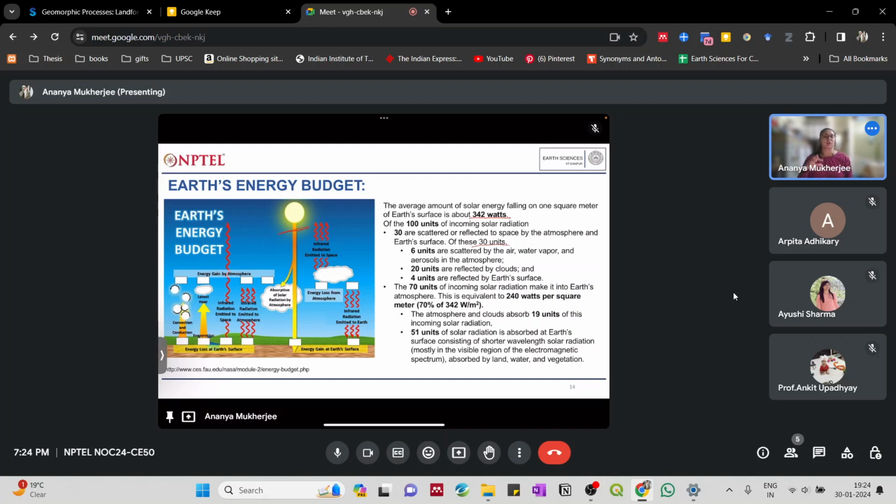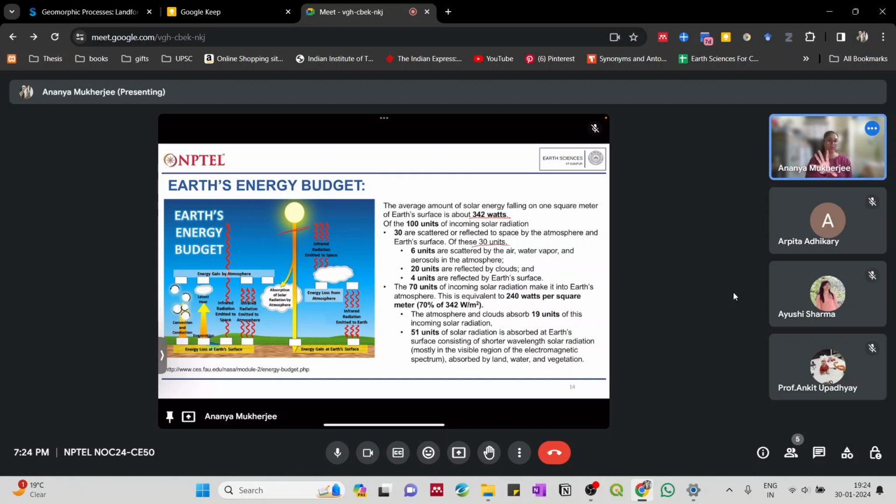So some part is reflected back by the atmosphere and its elements, and some part directly from the Earth's surface.